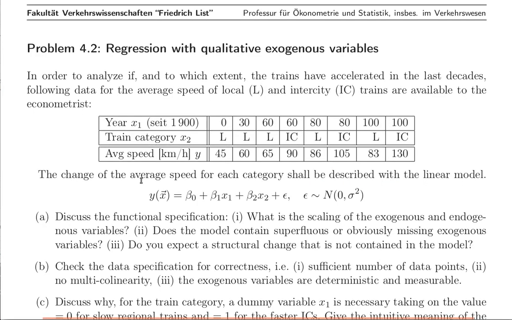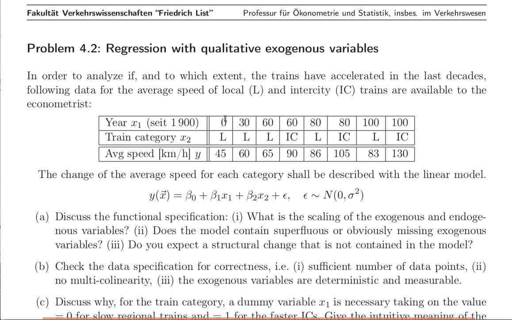We come to the second problem, 4.2, regression including qualitative variables. So let's look at this table for a situation regarding the average speed of trains as a function of the year since 1900.